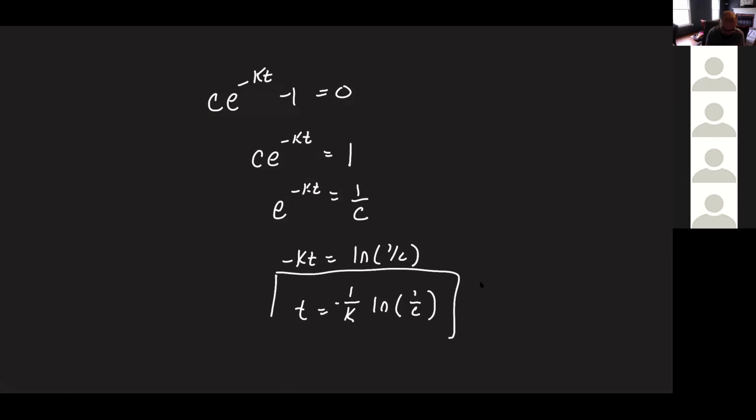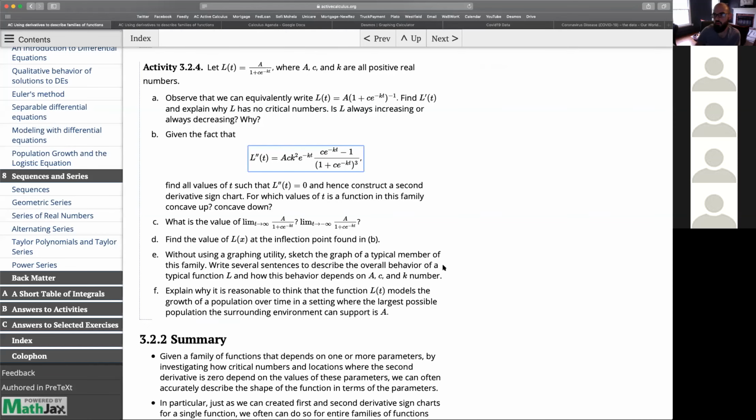Okay, so in this logistic growth model, the inflection point should be right at this point, negative 1 over k, natural log of 1 over c. So we know that our function is always increasing and it changes concavity at this particular point.